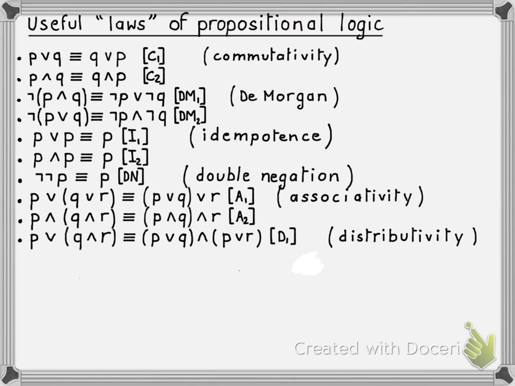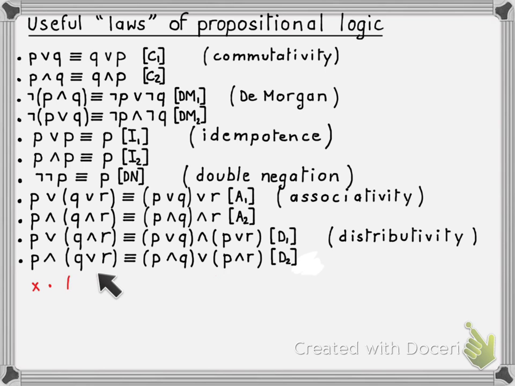Now it turns out, as you can imagine, there's a second law of distributivity called D2 that is obtained from D1 by swapping the disjunctions and conjunctions. And what it says is that not only does disjunction distribute over conjunction, but the reverse is also true. In other words, conjunction distributes over disjunction.